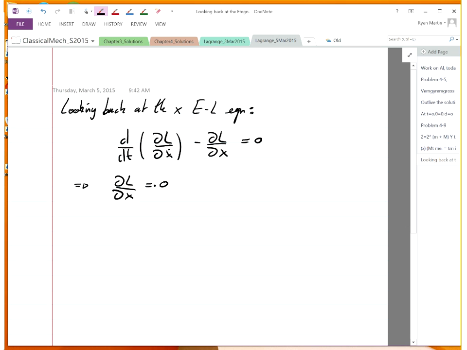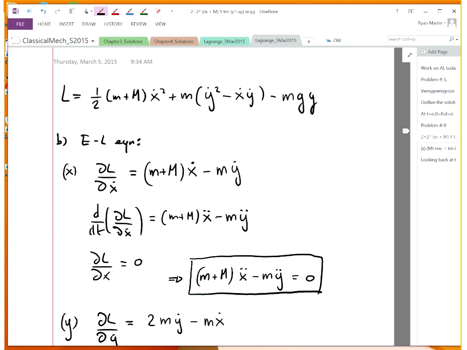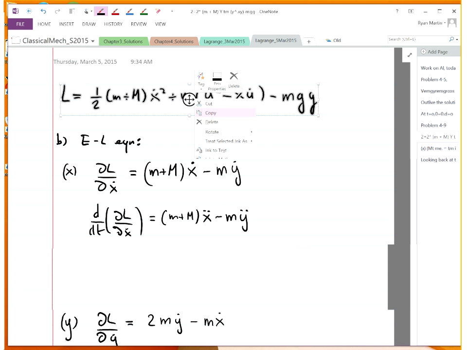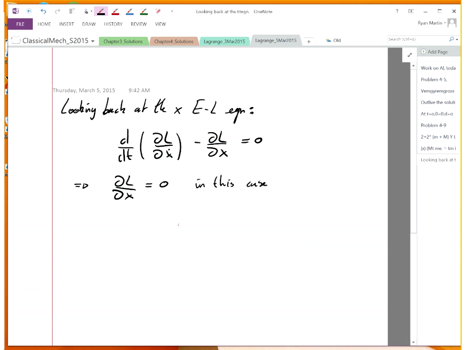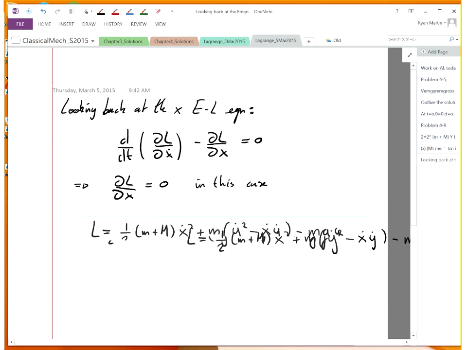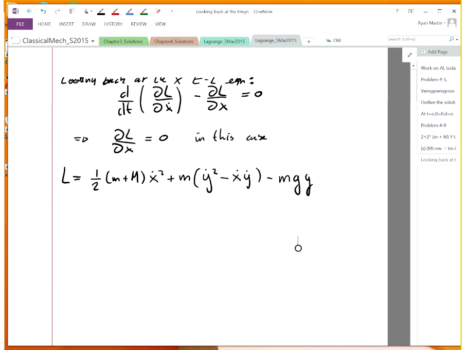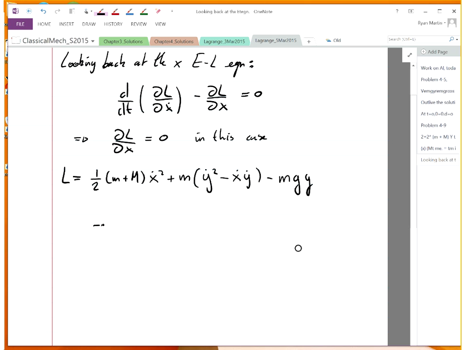So in this case, dL by dx was equal to 0, right? Remember, the Lagrangian didn't have any x's in it. So when we did dL by dx, we didn't have any terms.